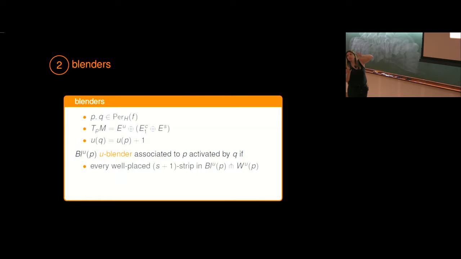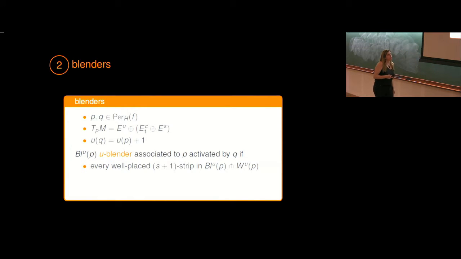You have an open set where the following happens. If you place an S+U strip, which is an S+U disk of this dimension, well-placed as in the figure, which is almost tangent to the stable manifold of Q, then it non-trivially intersects the unstable manifold of P.